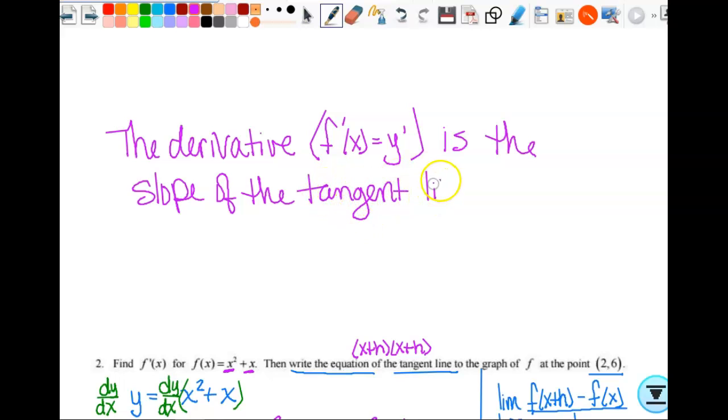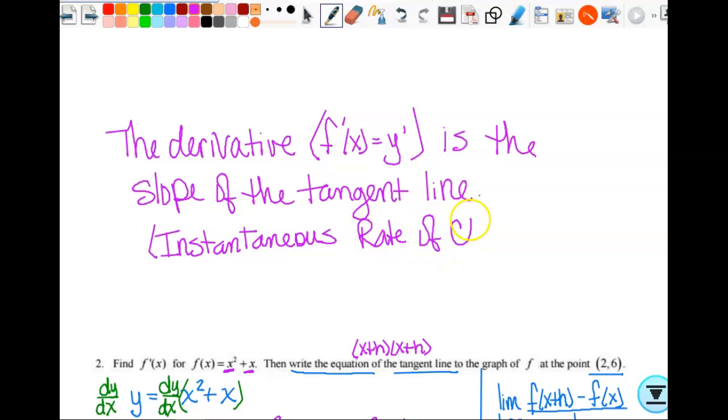And the slope of the tangent line gives you that instantaneous rate of change, because we have to keep track of why we're even doing this. Why do we care? Okay, so yes, it is the derivative. We found the derivative. The derivative gives you the slope of the tangent line.